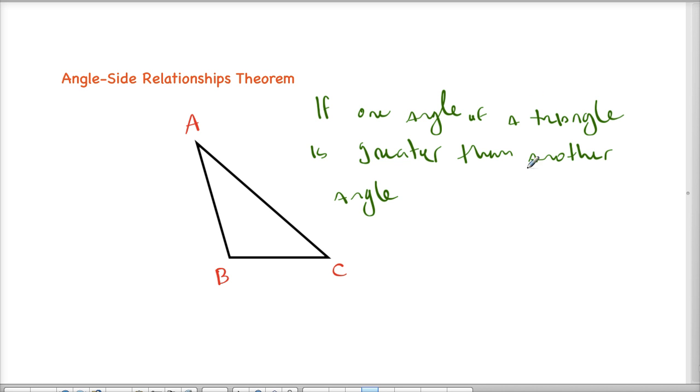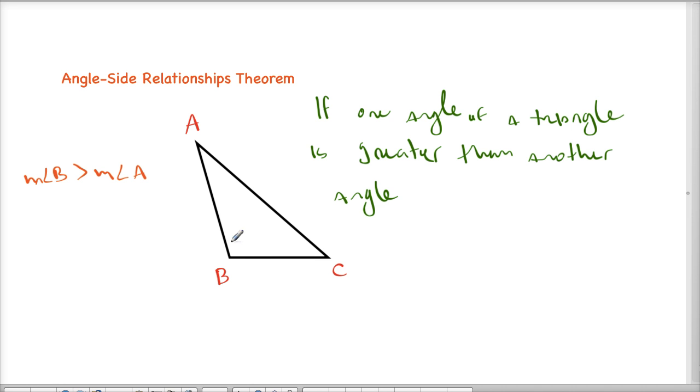One angle of a triangle is greater than another angle. So which angle here is greater than another one? So I would say in this case that the measure of angle B is greater than the measure of angle A.